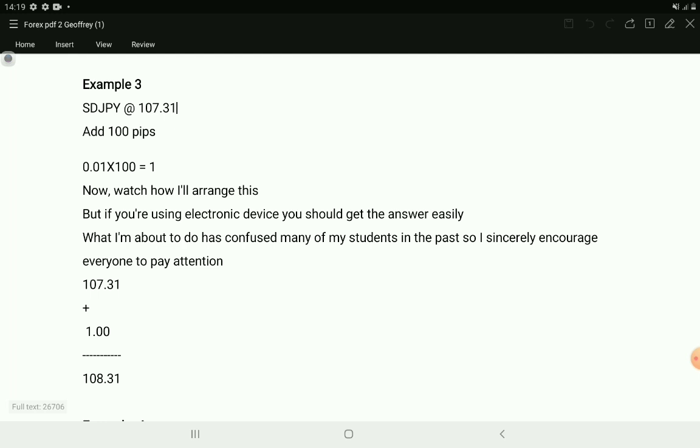But how will it calculate it? To add 100 pips to this, anything you add starts from the 1, and once it goes to 10, you round up to the number on the left.